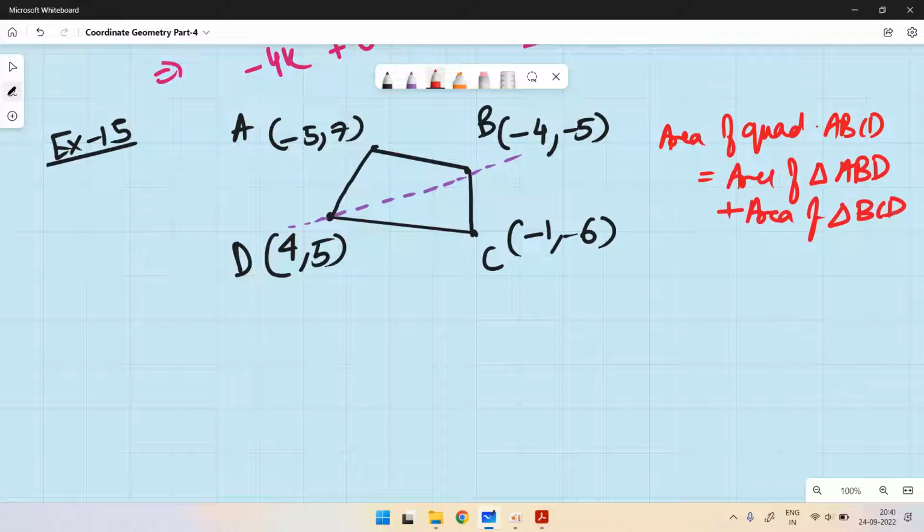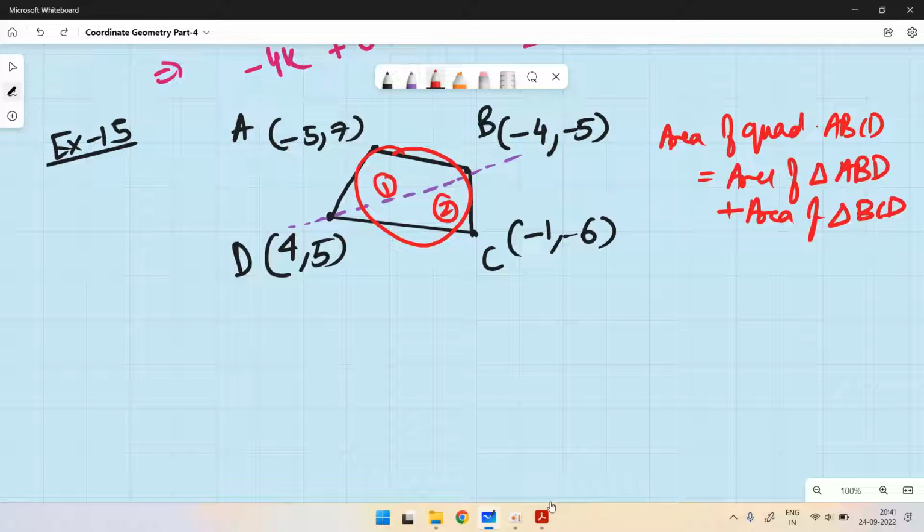Now if I see the figure, area of 1 plus area of 2 will give me the area of this complete figure. You can even take this other line, and then you would need to calculate area of ABC and ADC. Any way you can do it, but you must have three vertices. So my three vertices will be ABD and the next three will be BCD.